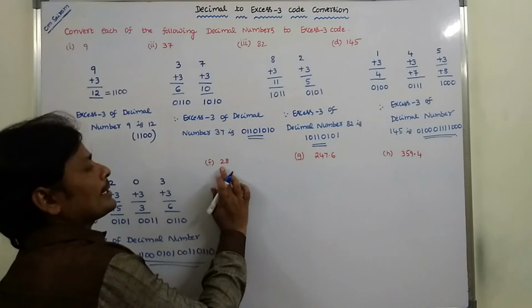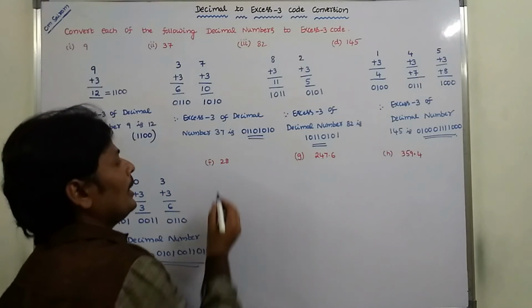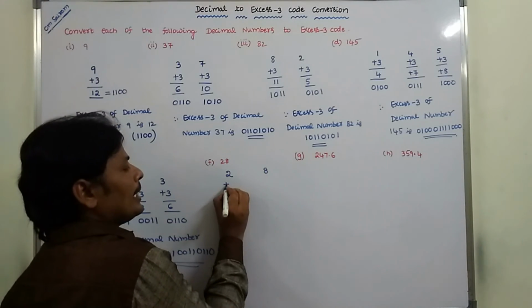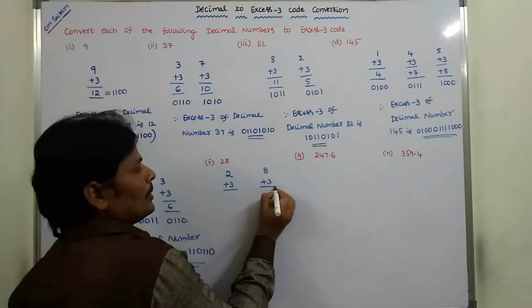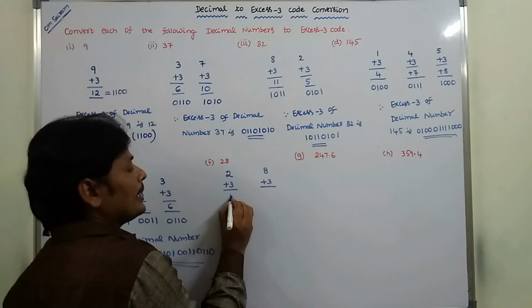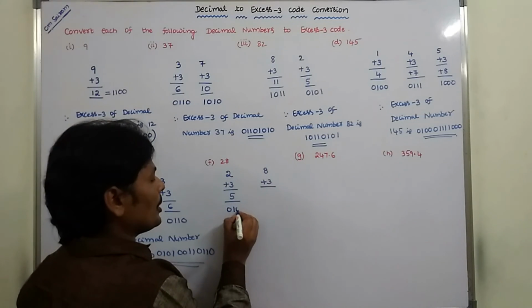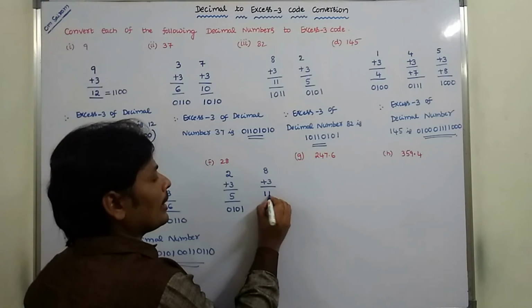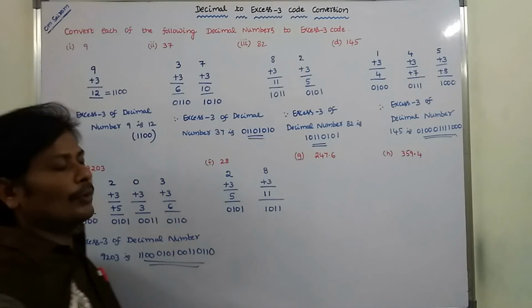Next one, excess-3 of decimal number 28. Here there are two digits, 2 and 8. For each and every digit we have to add plus 3. So here 2 plus 3, that is 5. The corresponding binary number is 0101. 8 plus 3, that is 11. The corresponding binary number is 1011. Okay.